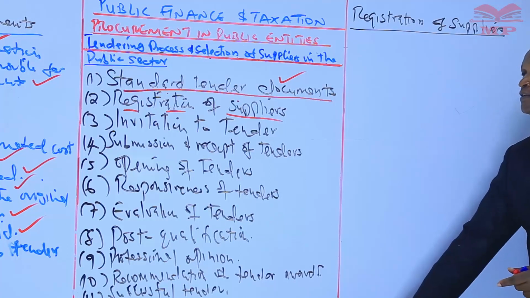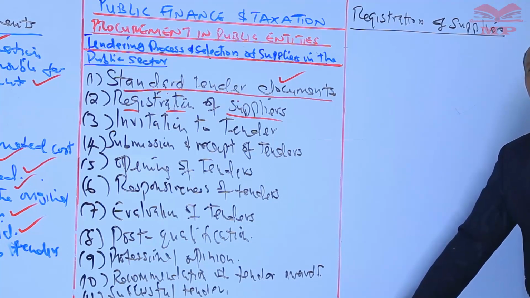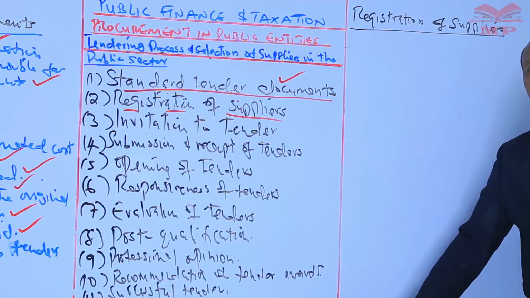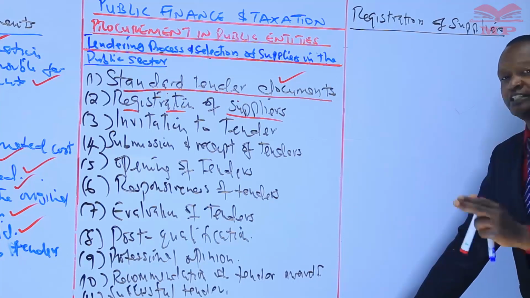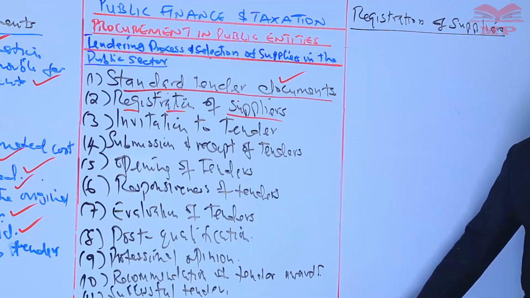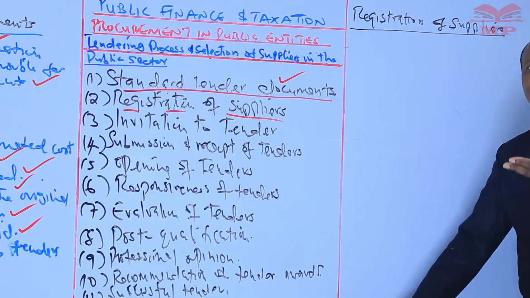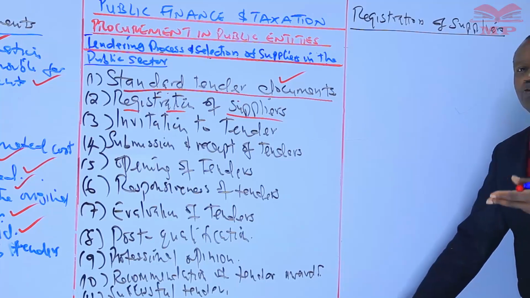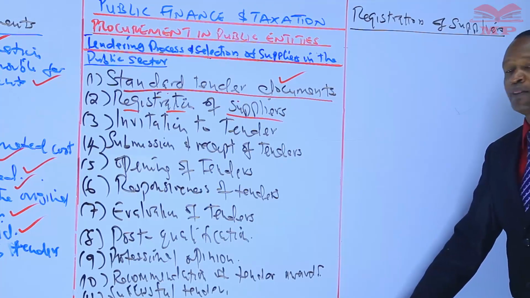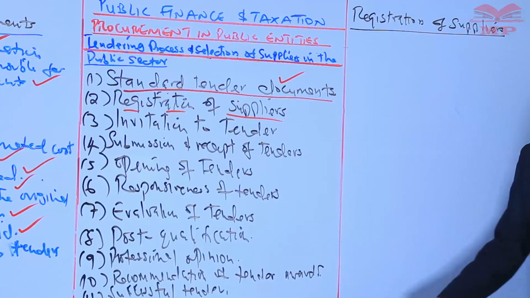Now, candidates, the head of procurement function is required to maintain and continuously update a list of registered suppliers, contractors, and consultants in various specific categories of goods, works, or services according to the procurement needs.